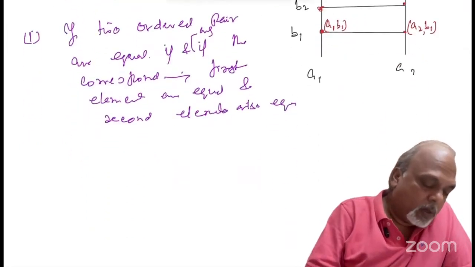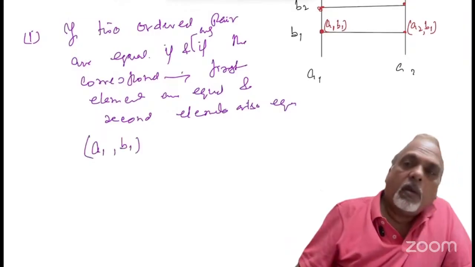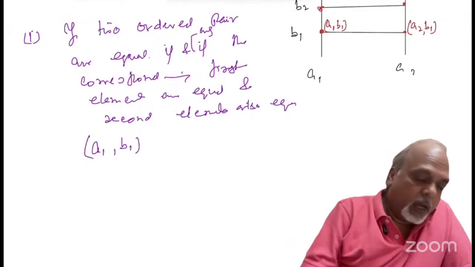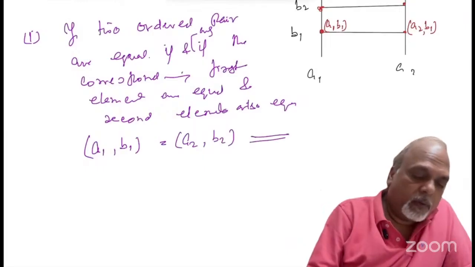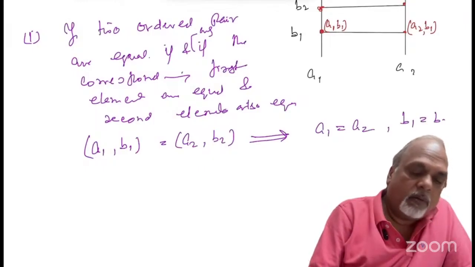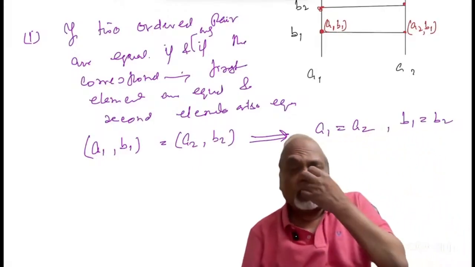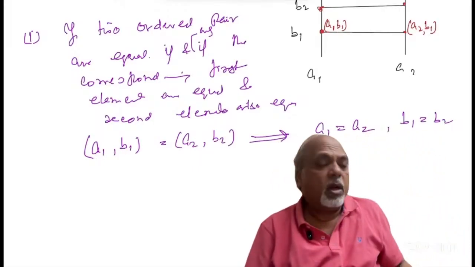Means suppose A1, B1, if they are equal to A2, B2, this means that A1 must be equal to A2 and B1 must be equal to B2. Then only these ordered pairs will be equal.